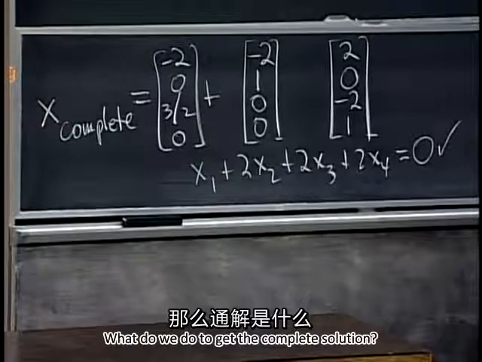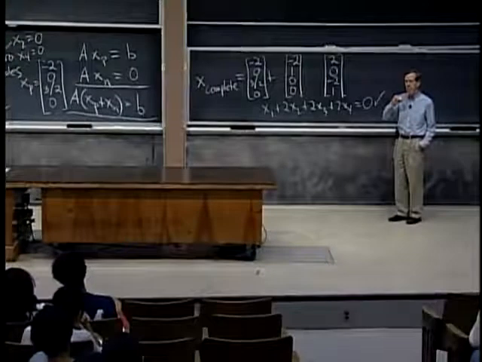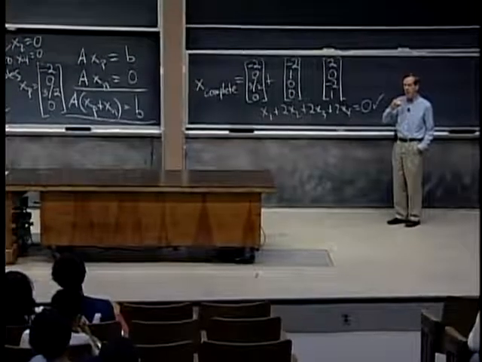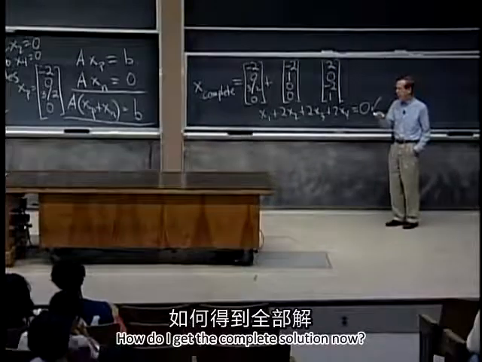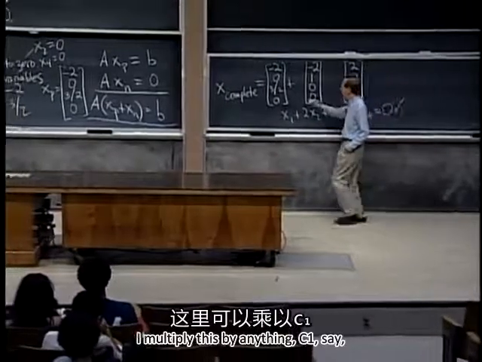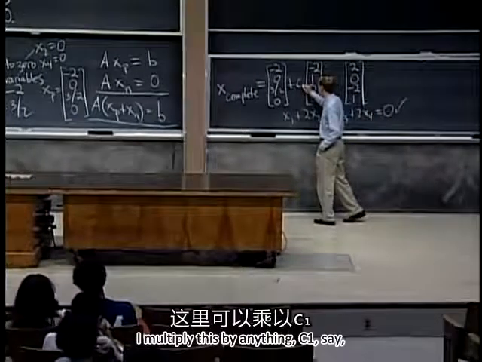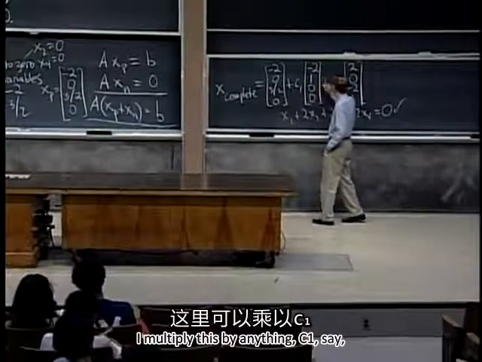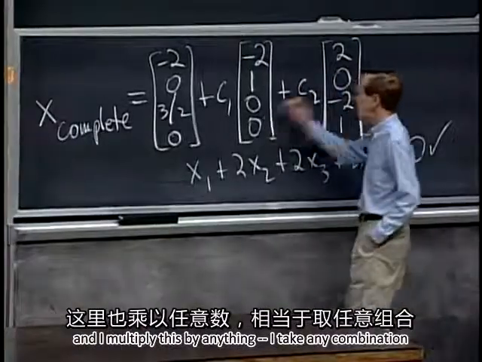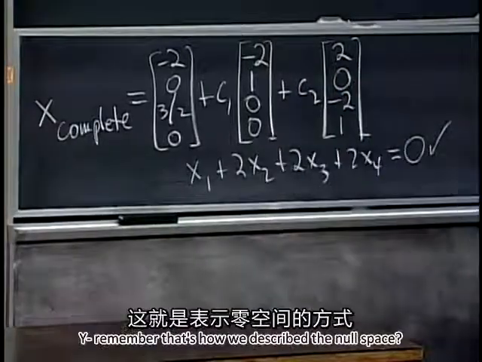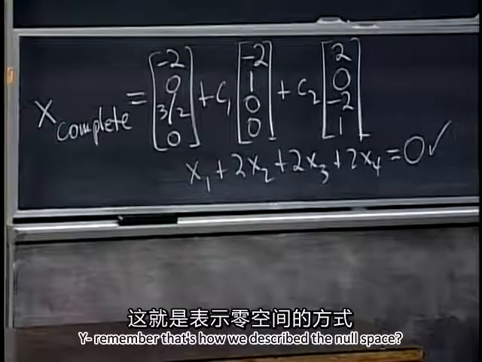What do we do to get the complete solution? I multiply this by anything, C1, say, and I multiply this by anything. I take any combination. You remember that's how we described the null space?